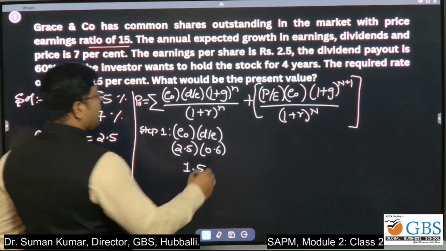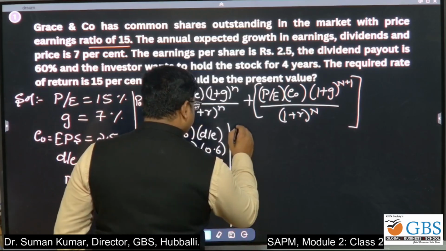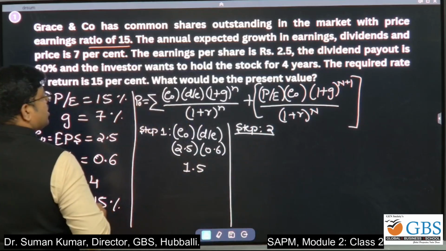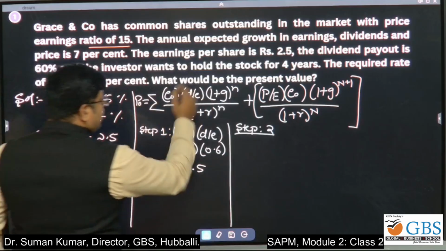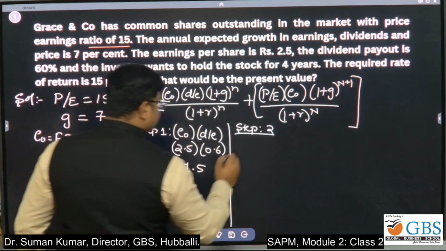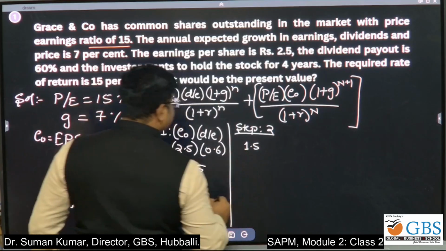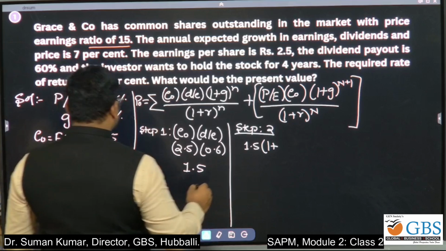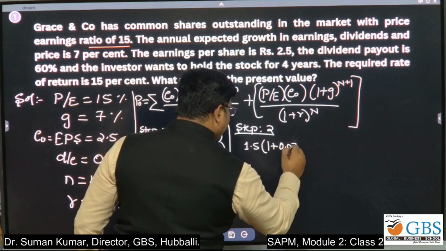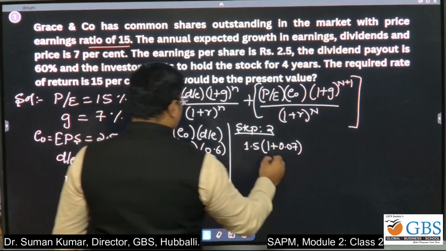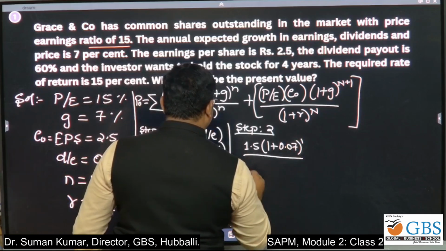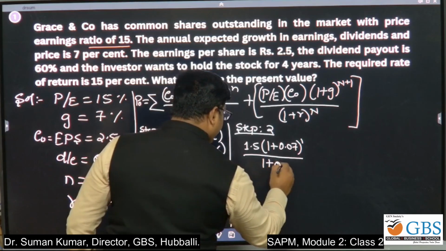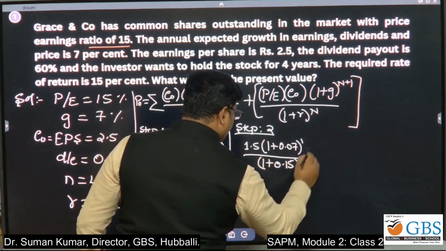Right. Step 2. So this part, that is 1.5 into 1 plus G, 0.07, raised to 1, divided by 1 plus 0.15 raised to 1.